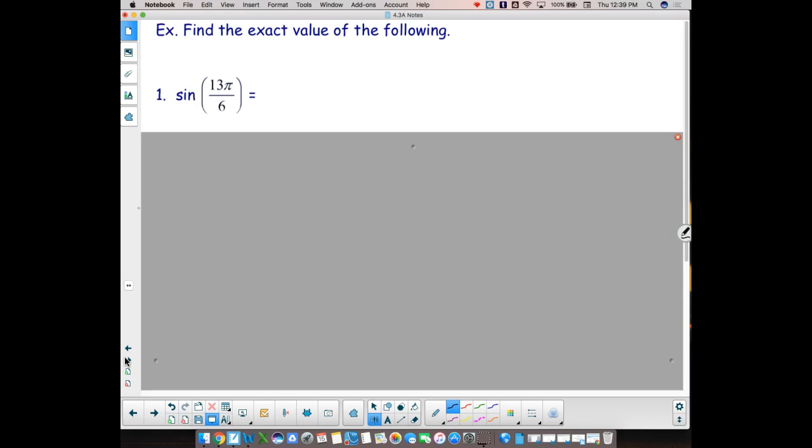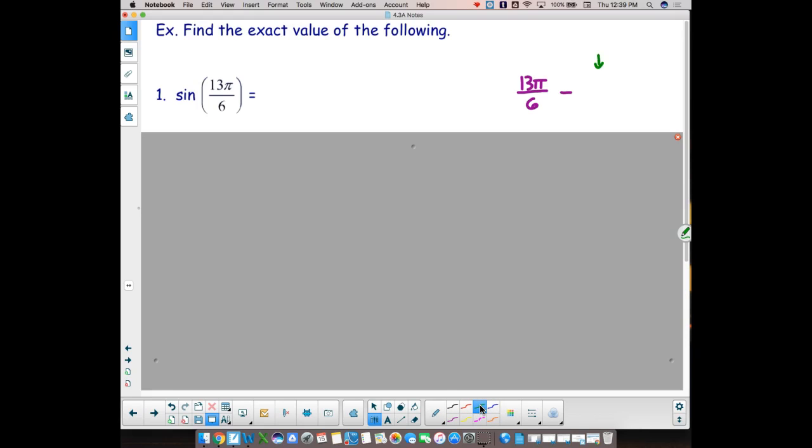In my brain I am going to do some side math. Since I have a positive angle that is not on my unit circle, I'm going to take away a lap. So I'm going to subtract off 2 pi.